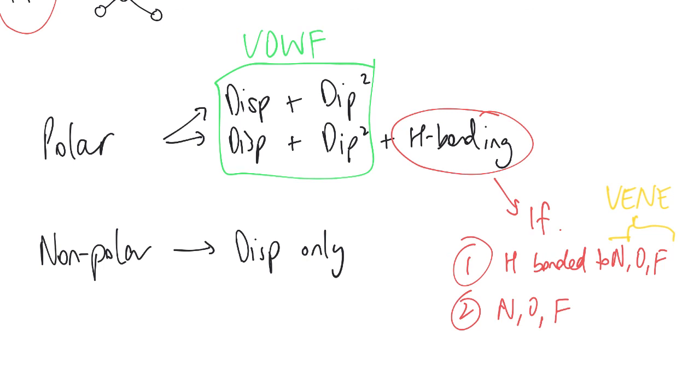So that's how you tell. If it's polar, it's definitely going to have dispersion and dipole-dipole, but if it has these two conditions, then it's going to have hydrogen bonding as well. If it's non-polar, it's only going to have dispersion. All right, that's it.